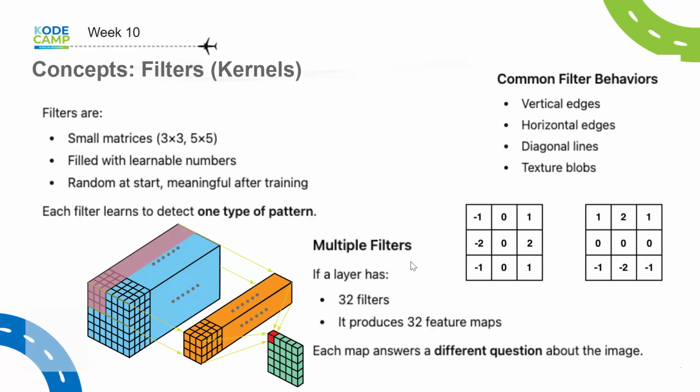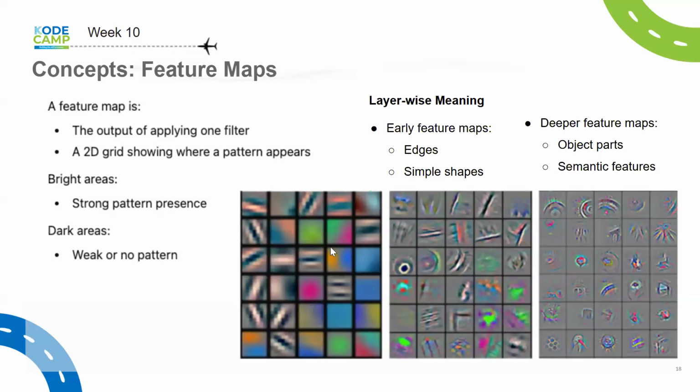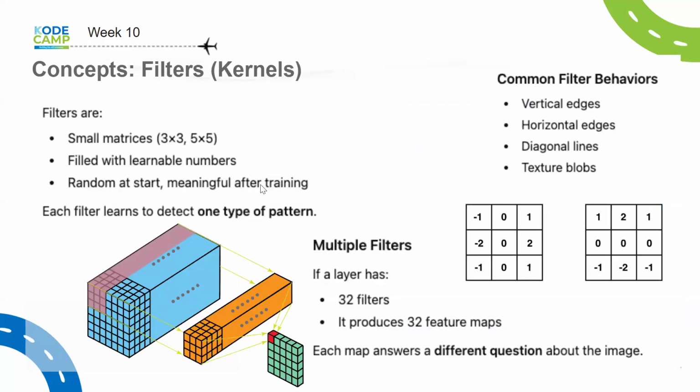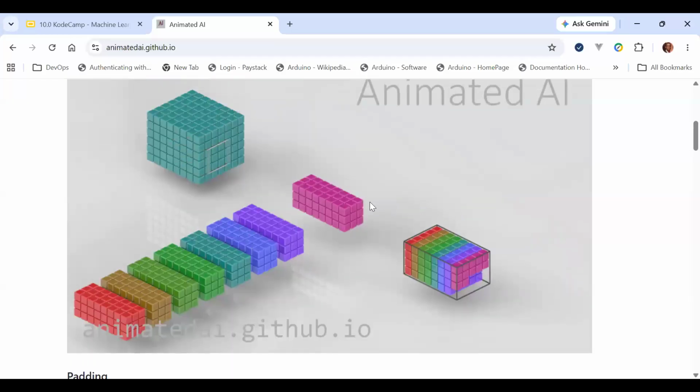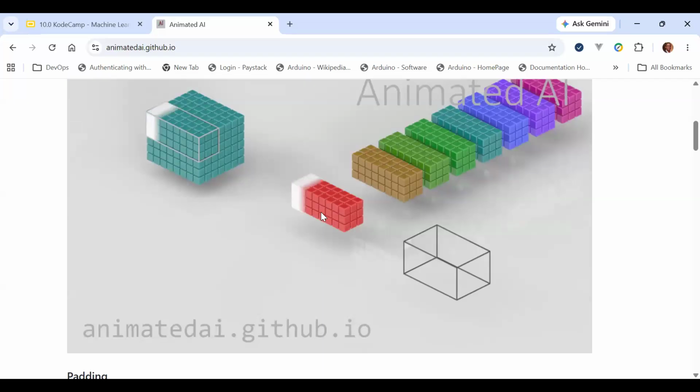You can have another filter that is also three-dimensional that creates another whole layer. Okay. And then another filter that is also three-dimensional creating another layer. That is what this animation was about, which I'm now going to show you. So if you look at this animation, what you are seeing here is that you have multiple, let me refresh. You have the first filter, right? This filter scans through this image. This image also has multiple dimensions. It has depth.